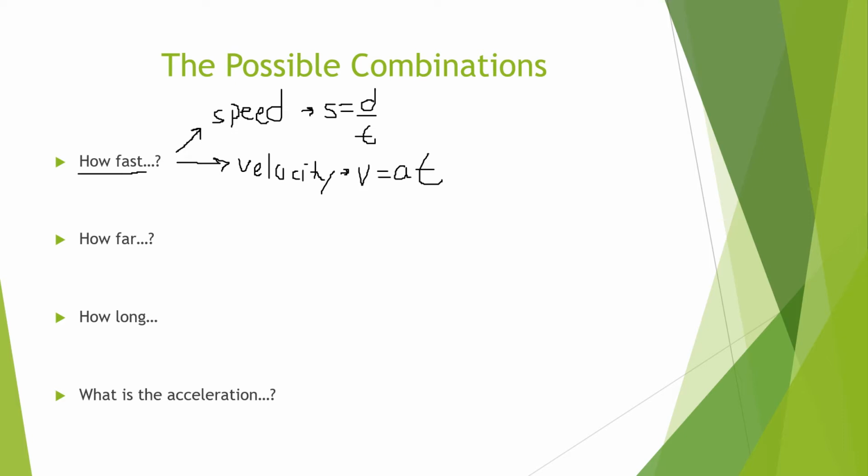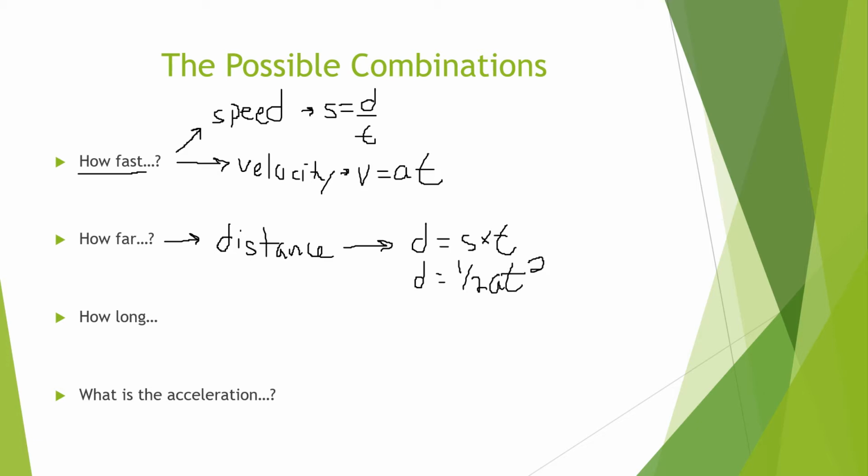Similar differentiations will happen with how far. If it says how far, that means you're looking for distance. And we have two equations that solve for distance. It could be d equals st, distance equals speed times time, or it could be distance equals 1/2 at squared.